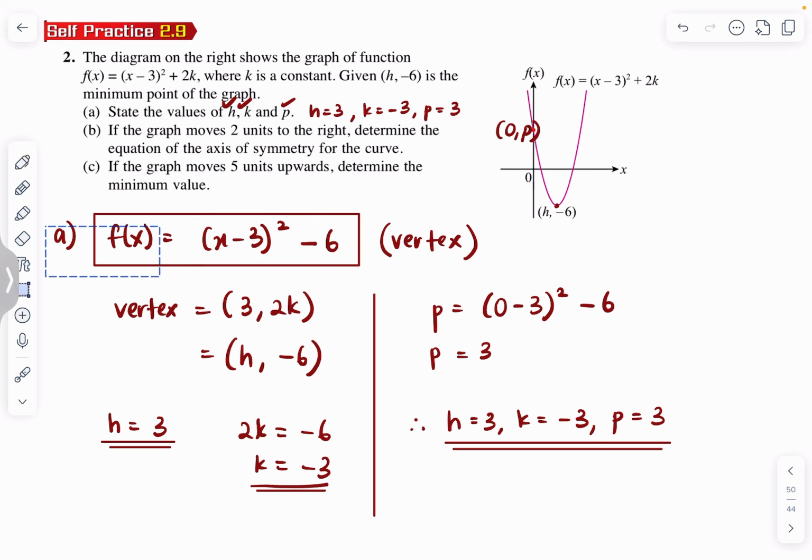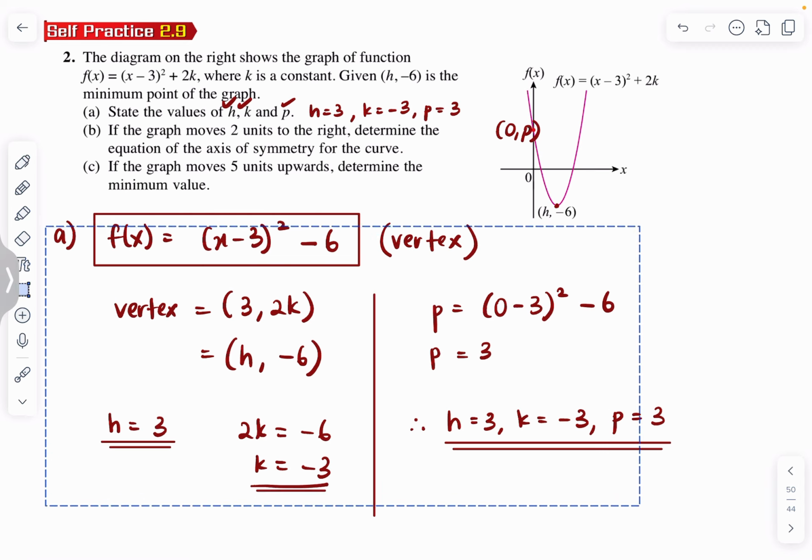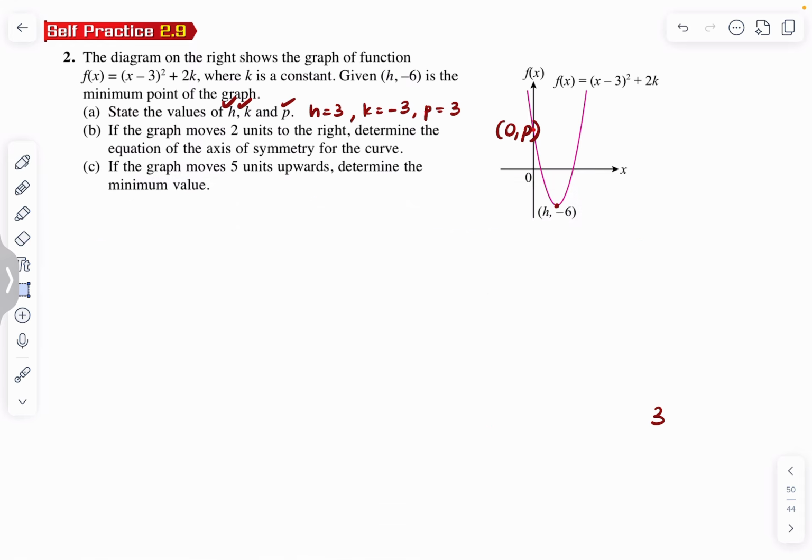Okay, let's look at B. If the graph moves 2 units to the right, let's look at what the graph will look like. Okay, something like this.